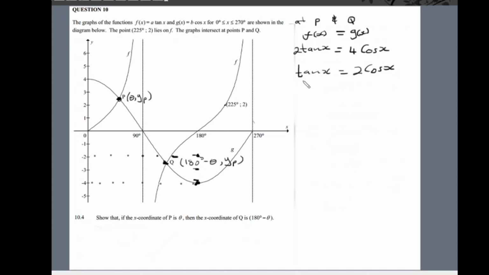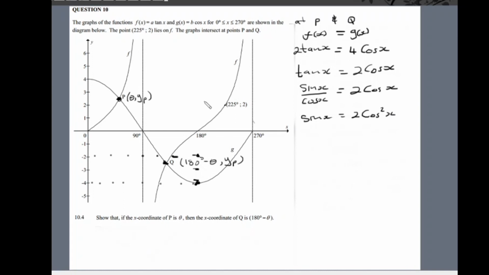And then we know tan x can be rewritten as sin x over cos x, so sin x over cos x is equal to 2 cos x. Cross multiplying by cos x, we'll have sin x is equal to 2 cos squared x, right?